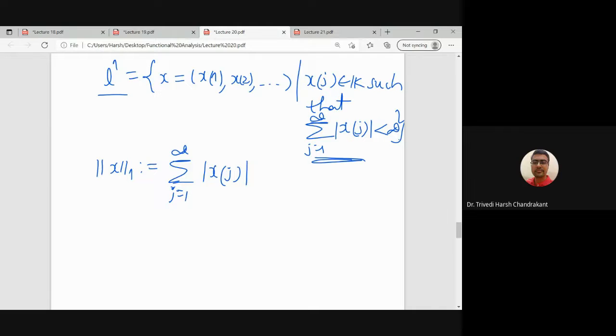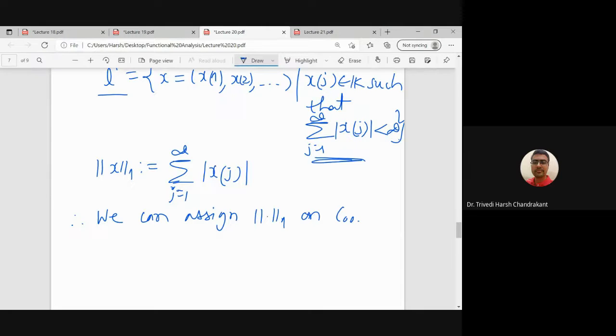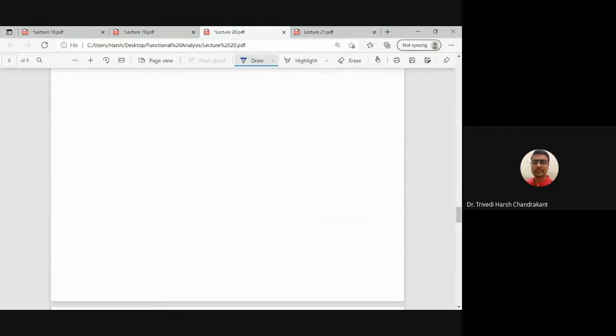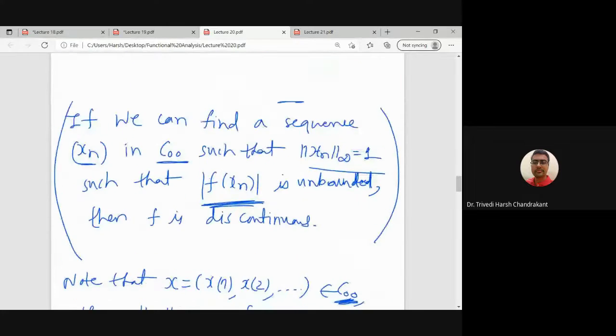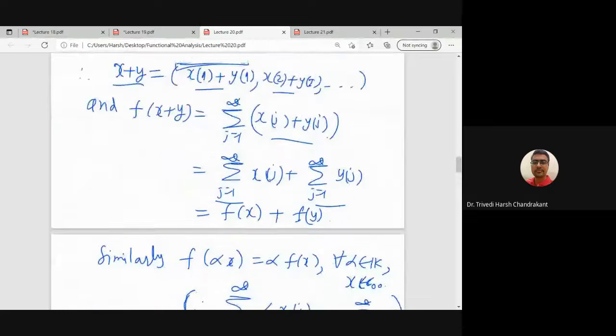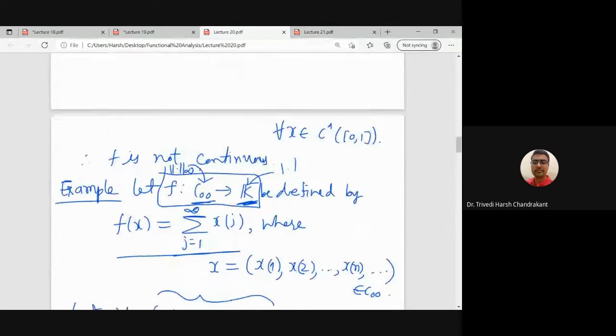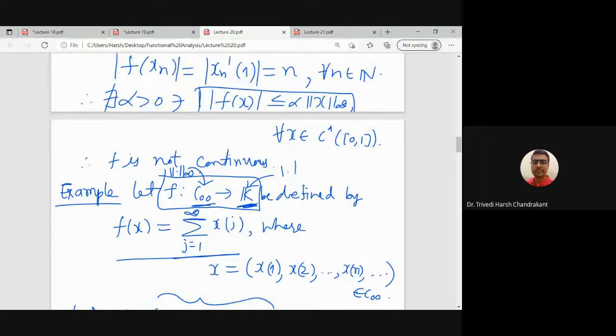So therefore we can assign the one norm on C00. Now with respect to this norm, is this linear functional continuous or not? The question is clear.